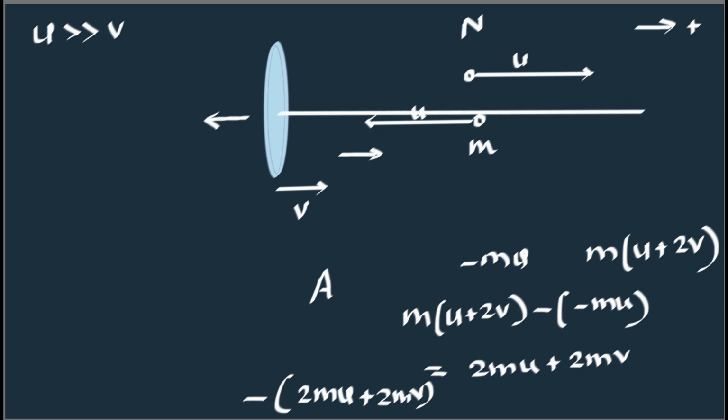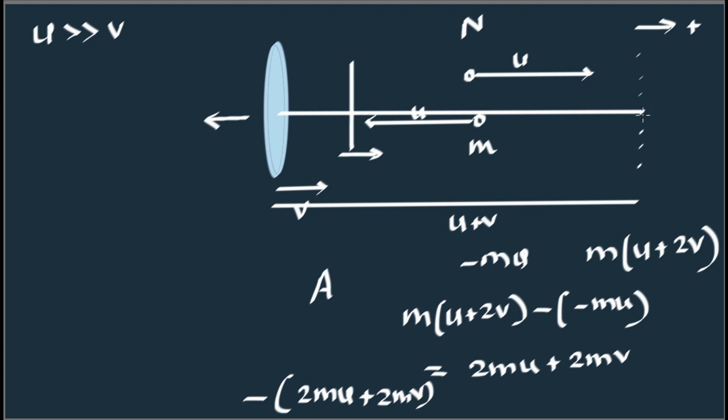All the molecules at this distance which are moving towards the disk will collide with the disk in 1 second. During 1 second, the disk moves a distance v and arrives here, and during the same 1 second, these molecules move a distance u and arrive here to collide against the disk.